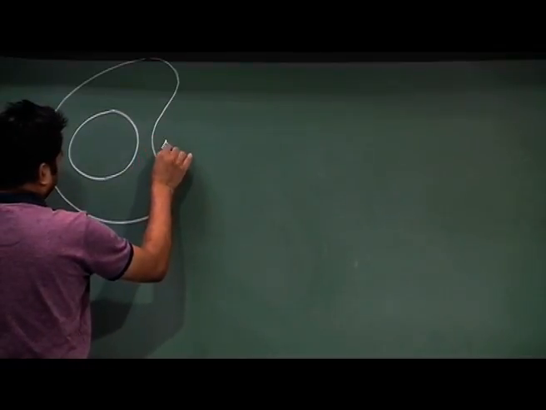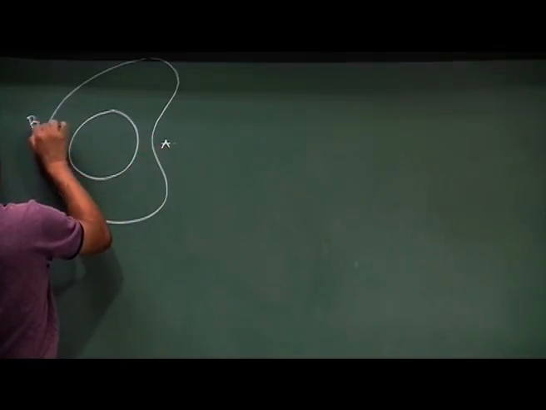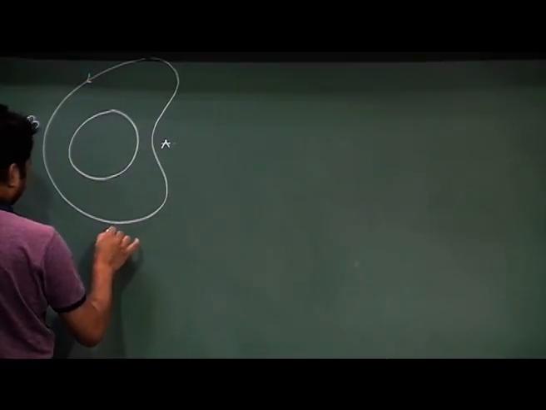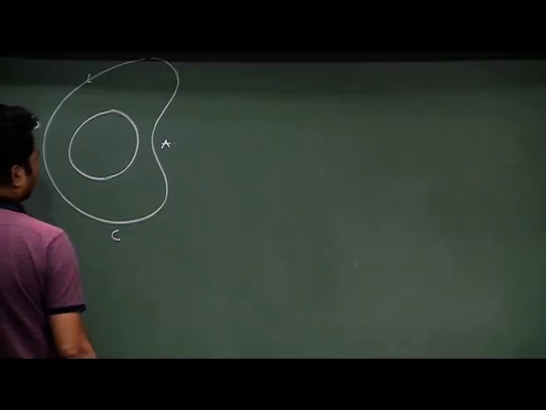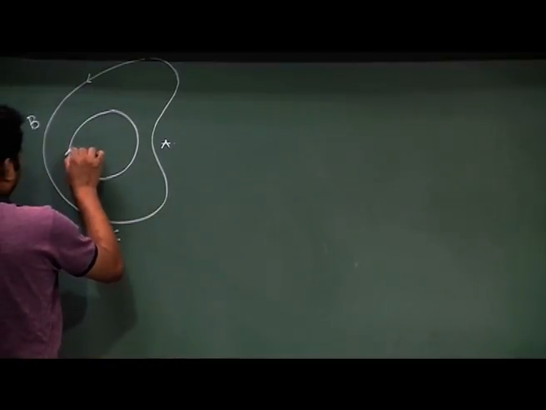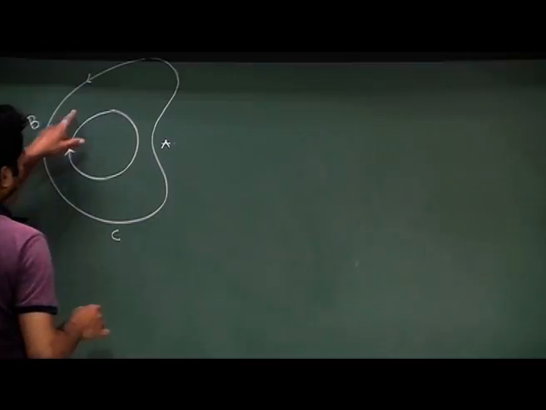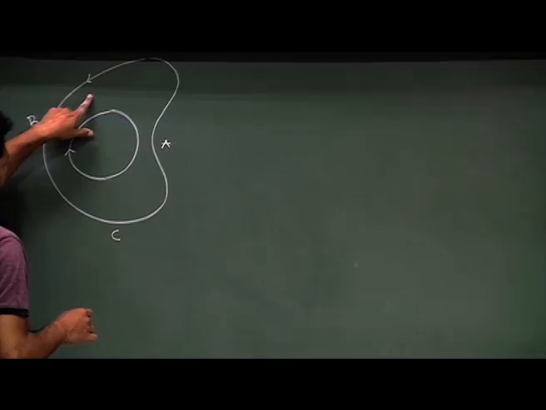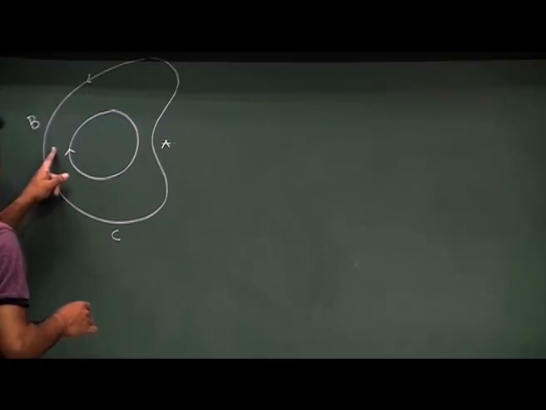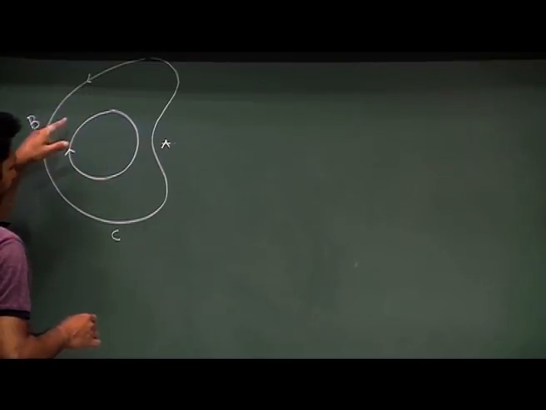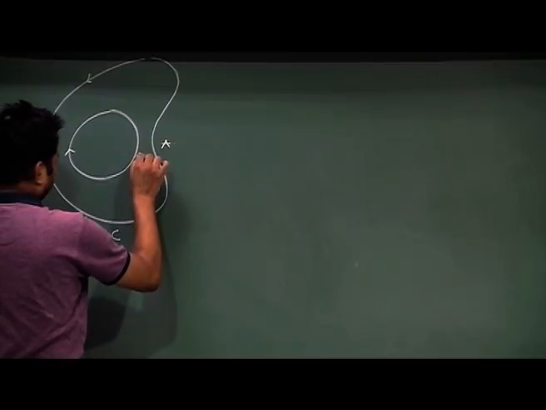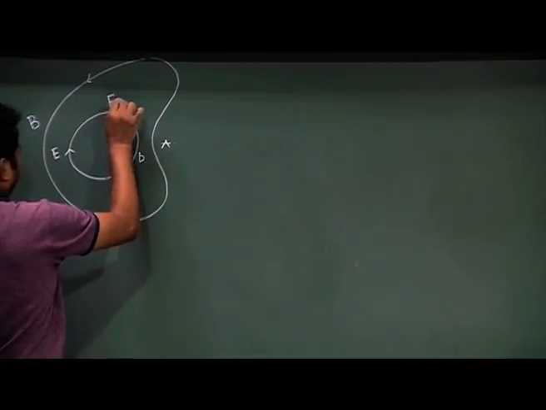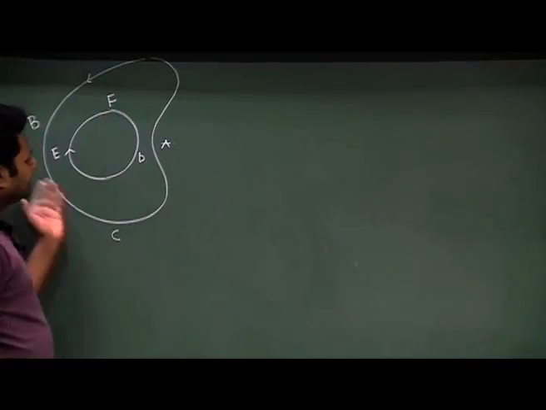This point A, B, this is say C, and I am going along this curve because when I go outside this curve, my region is on the left side. When I go inside, my region should be on this side. So, the direction of this curve should be something like this. So, here it is D, E, F. This is the region I am talking about.